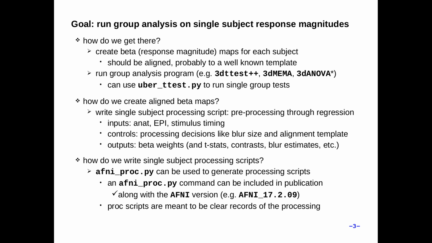So there are better atlases, or at least there are atlases in Talairach space that are aligned to a template, that are more reasonable to talk about. But anyway, there are lots of atlases in Talairach space or AFNI space, and there are many AFNI spaces. There is not just one. But anyway, you pick an atlas and then a template that's in the space that you're happy with.